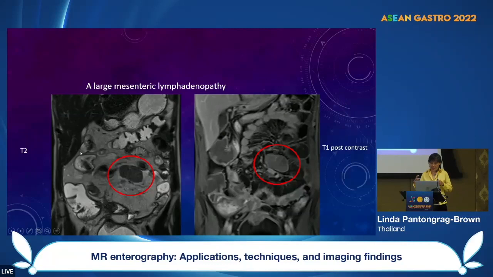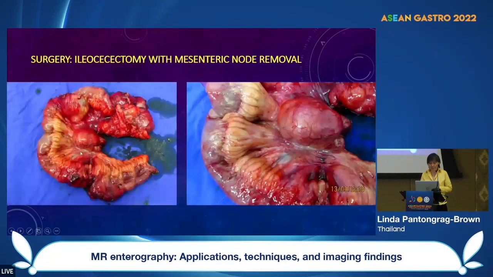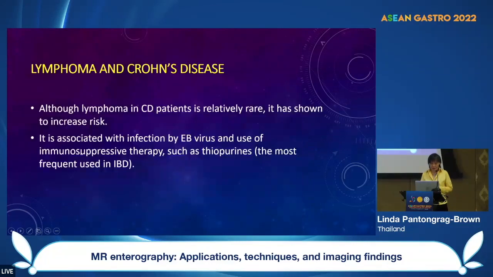Because of these multiple complex fistulas, a surgeon came in and performed ileocystectomy with removal of these huge lymph nodes. Pathology confirmed Crohn's disease, and these lymph nodes turned out to be non-Hodgkin lymphoma, which is very unusual too. Lymphoma is quite rare in Crohn's disease, but it has been shown to increase risk.